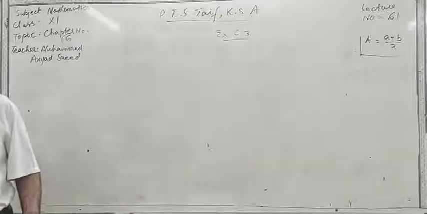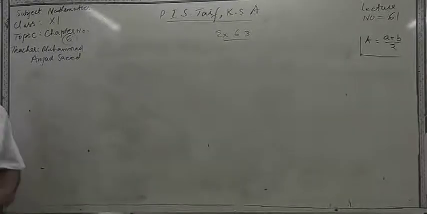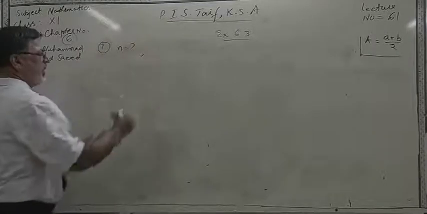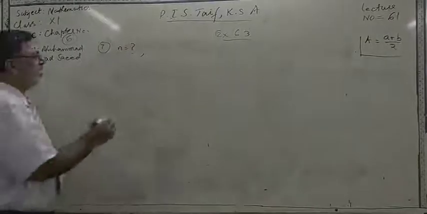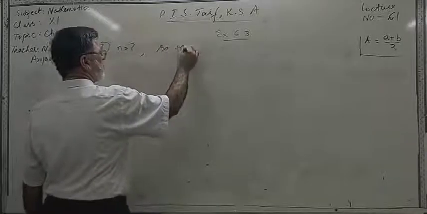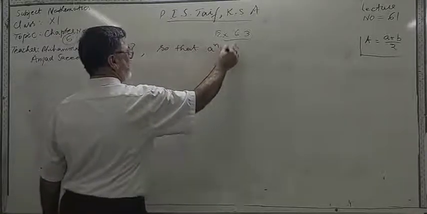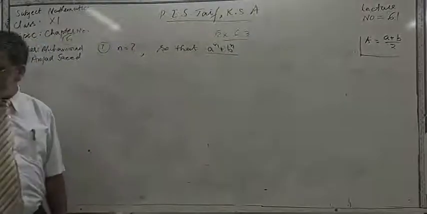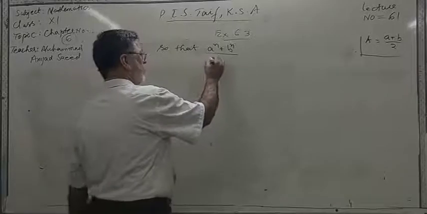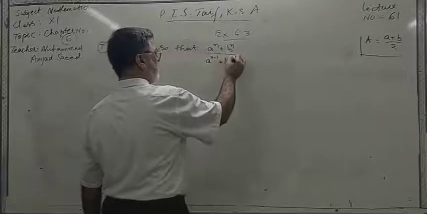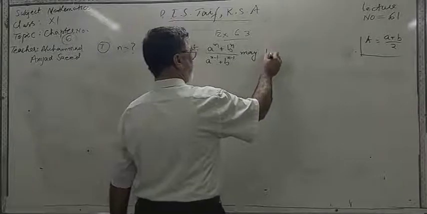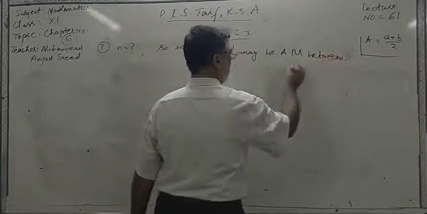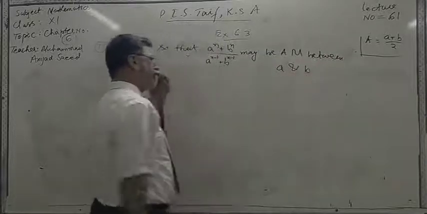Here we have question number 7. Find the value of n so that (a^n + b^n)/(a^(n-1) + b^(n-1)) may be the arithmetic mean between a and b.